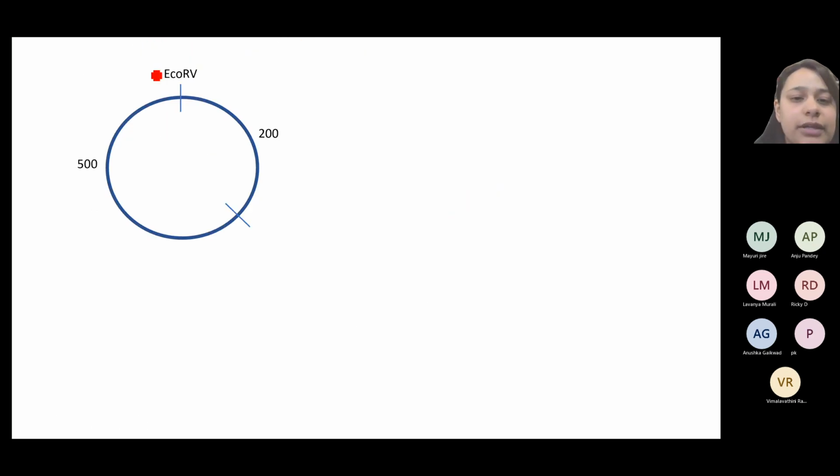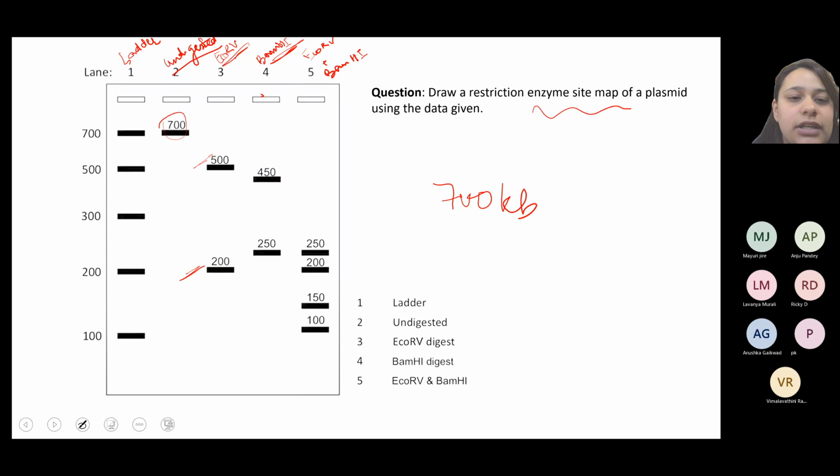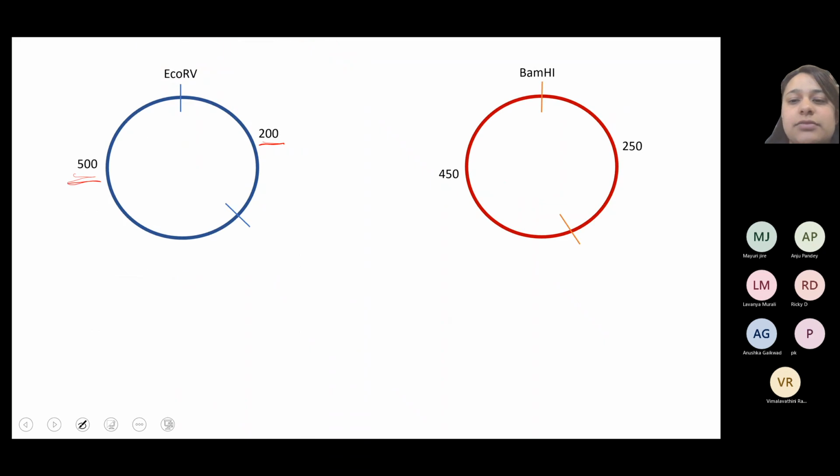Similarly, for BamH1, one fragment is 250 kb and the other is 450 kb, right?